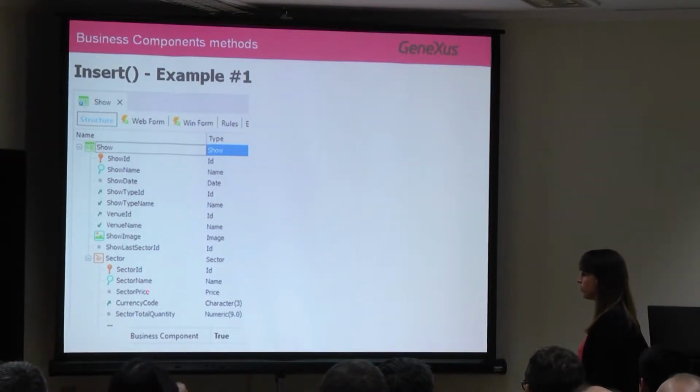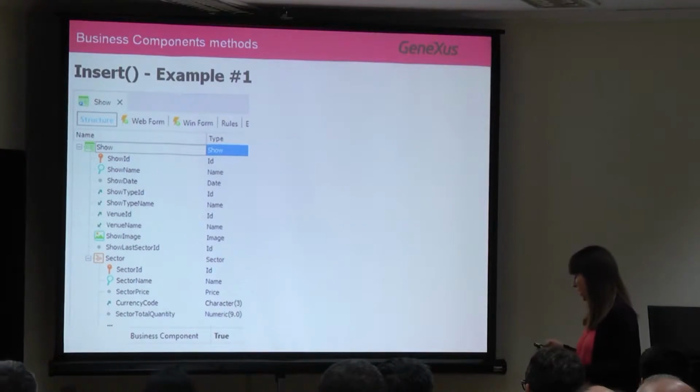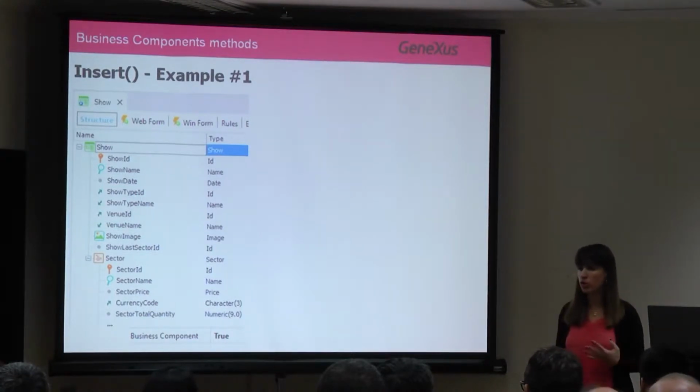So I have attributes, and we will put, for example, the stalls, the tribunes, the price, the currency, and then we have the total quantity of seats available and some other attributes to know how many seats were sold and how many are available.